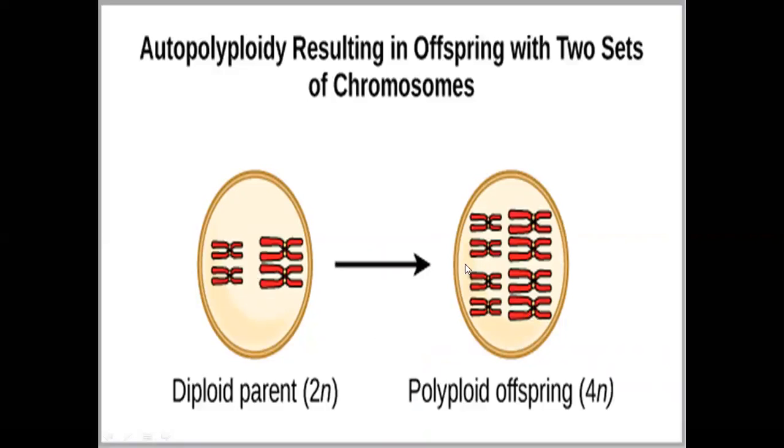Now these usually have to segregate during the cell division, but that doesn't happen. Instead, the nuclear envelope develops, and therefore this particular cell or tissue would have all 4 sets of the chromosomes of the parent. So this is how autopolyploidy is done.